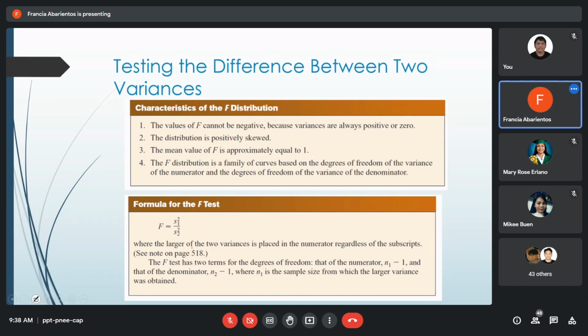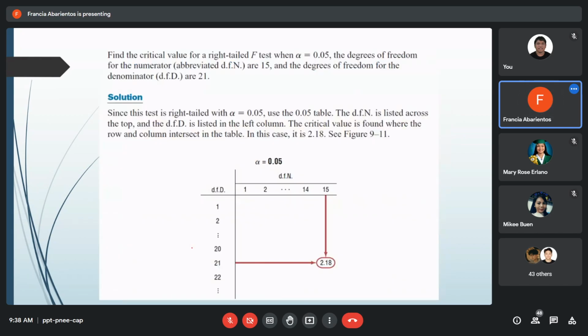Ayan, larger of the two variances na to, class. Ito class yung sabi ko, paano ka kukuha sa table natin. Find the critical value for a right-tailed F test when the alpha is 0.05 and the degrees of freedom for the numerator are 15 and the degrees of freedom for the denominator is 21.